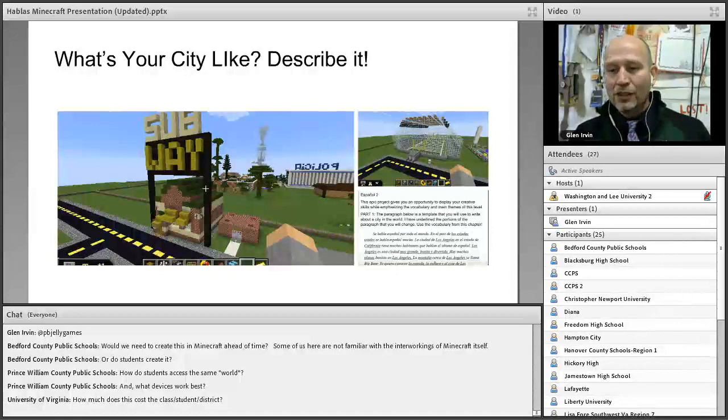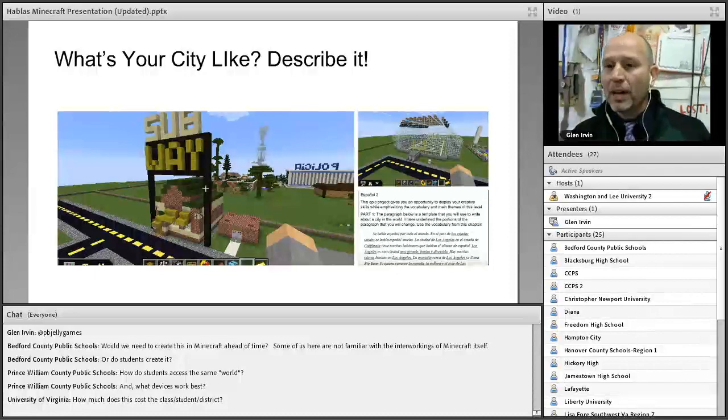That is the most powerful part of this game. There are a lot of single-player games out there, but because the collaborative function is there, it's super powerful. Minecraft Education Edition allows for that with basically the press of a button. Honestly, once you set it up, it's super easy.